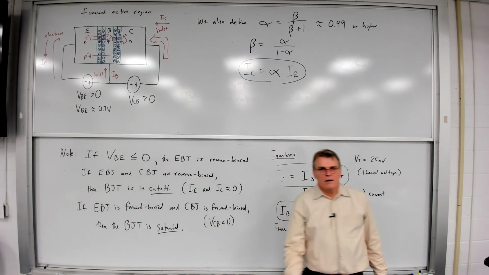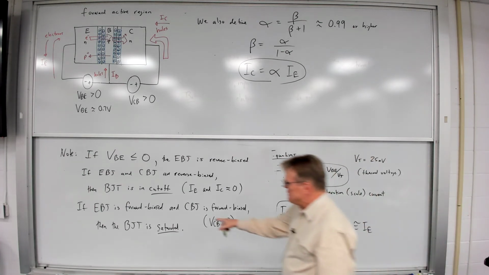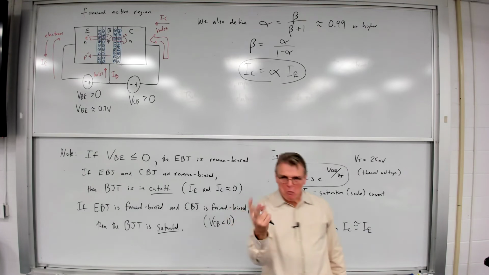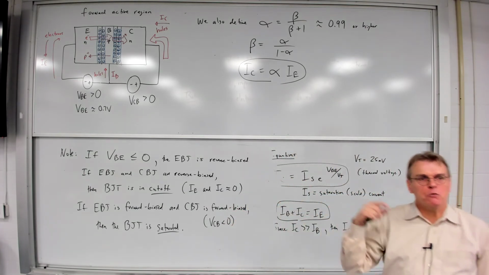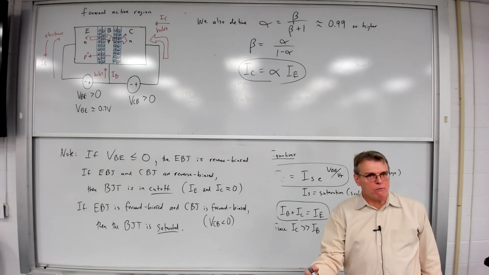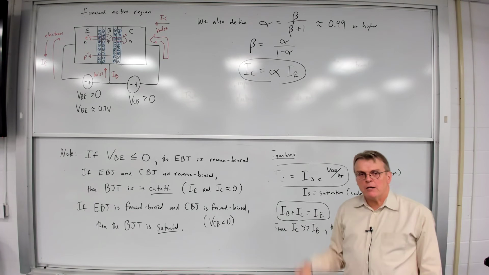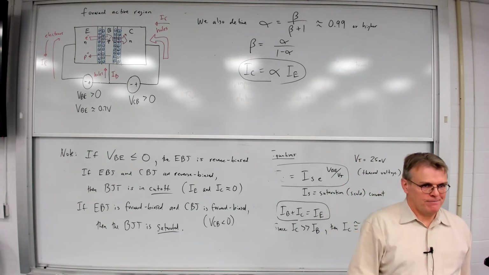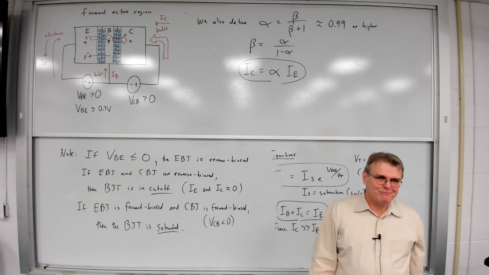Okay, words and definitions. Saturation, we've seen that word used twice before, with totally different meanings. Saturation in an amplifier, as we talked about before, is bad when an op-amp saturates. Saturation for a MOSFET is good. What about saturation for a BJT? Bad or good?